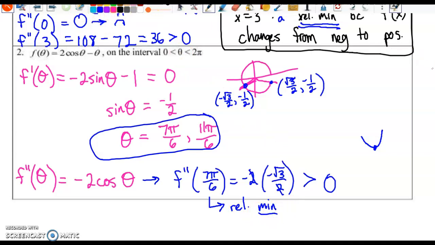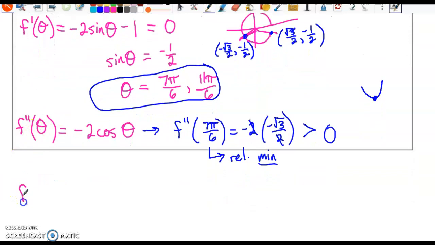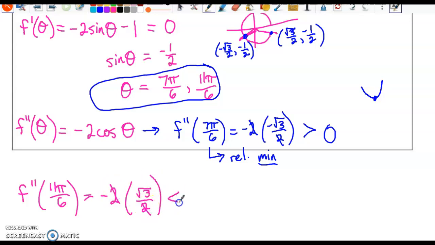And then just to finish this, I think this is the last part of these notes. The second derivative with 11 pi over 6. So it's negative 2 times positive root 3 over 2. Well, negative times a positive is negative. I really don't care that the value is exactly negative root 3. I just care that it's negative. That's my clue that 11 pi over 6 is a relative max.